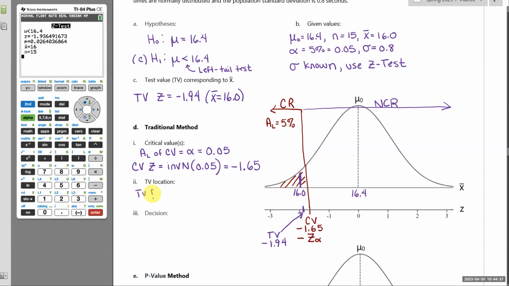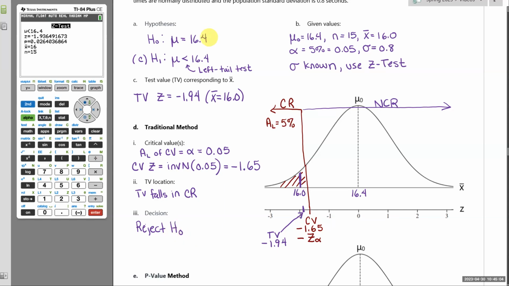So my test value falls in the critical region, and when that happens, it means that it's a significantly low value relative to 16.4. So we say that's a significant finding. It's in the critical region, and that means we're going to be rejecting the null hypothesis in favor of the alternative.